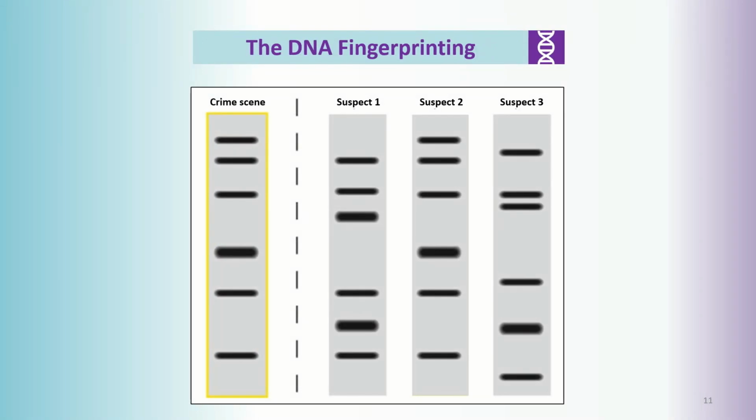Now we go to the technique. Simply put, DNA fingerprinting can be explained through this picture. We have a pattern of DNA. After analyzing a sample obtained from a crime scene, as an example, samples from suspects are also analyzed and give this pattern.